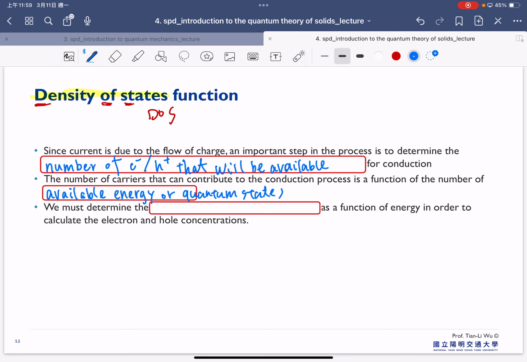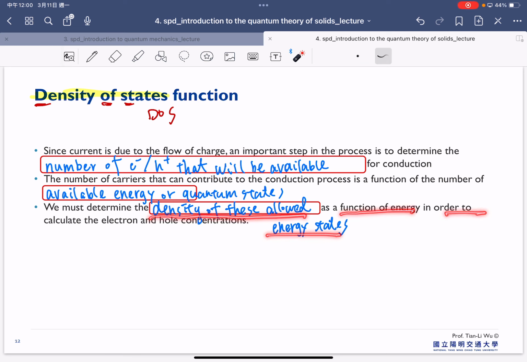Therefore, we must determine the density of these allowed energy states as a function of energy in order to calculate electron and hole concentration.